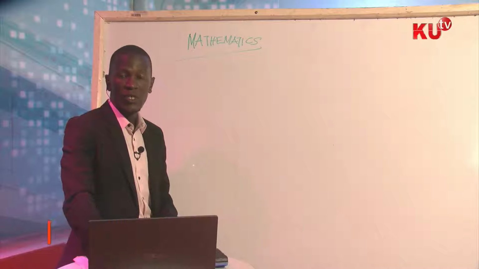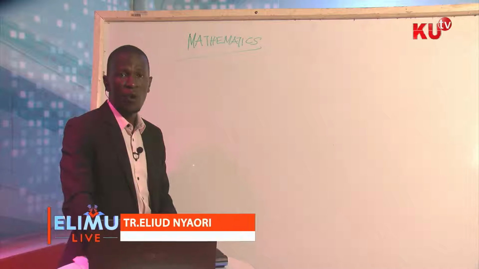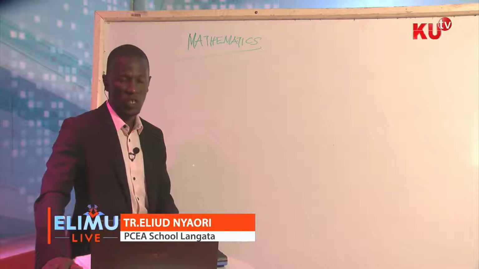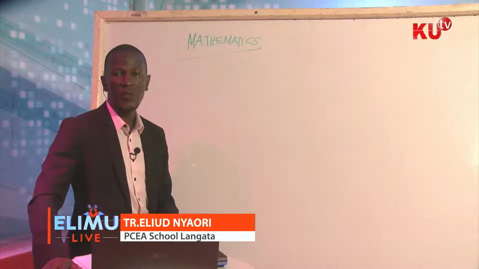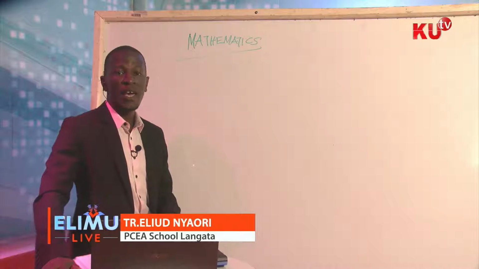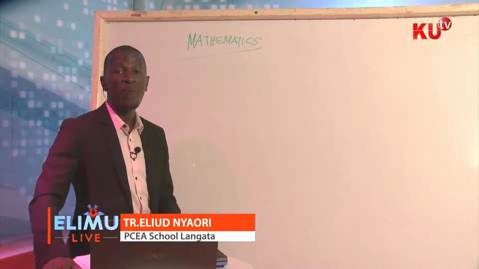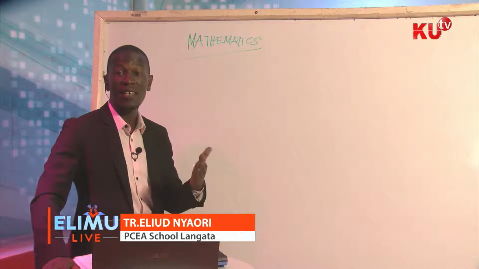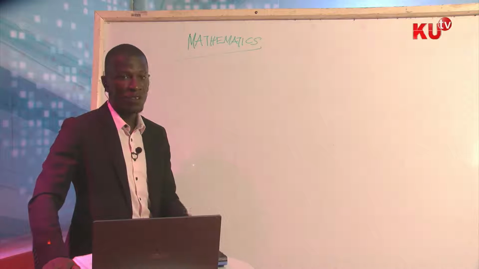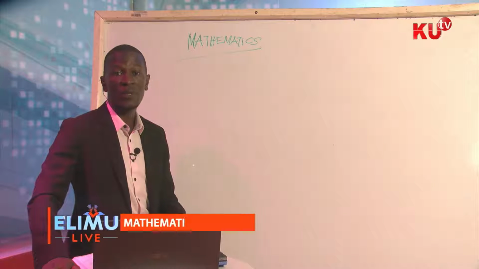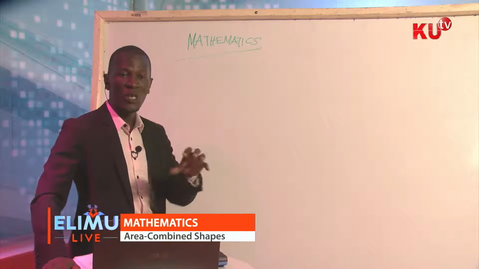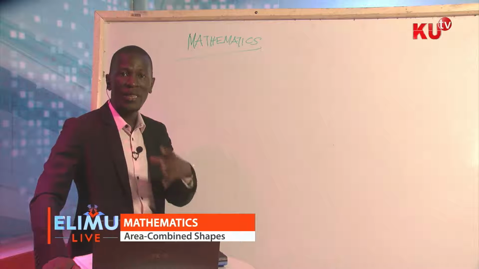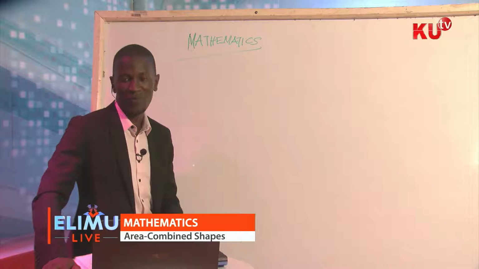Now, I want us to ask ourselves, why is it important to learn area of combined shape? In life scenarios, there are many occasions where area of combined shape might help us. One is to determine the size of a surface. For example, when contractors or builders want to build, they need to know the area of the place to determine the size of the house.